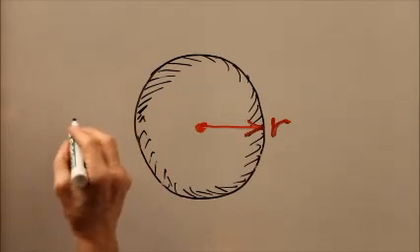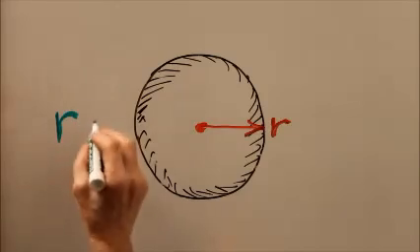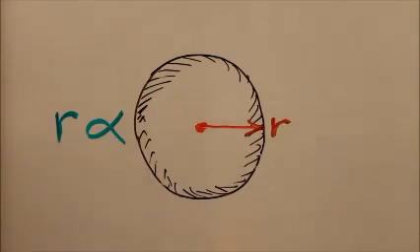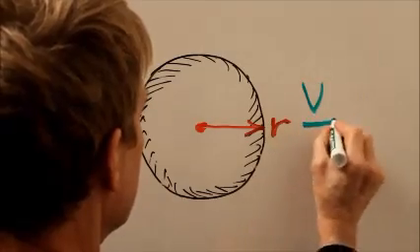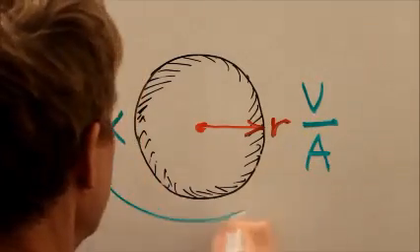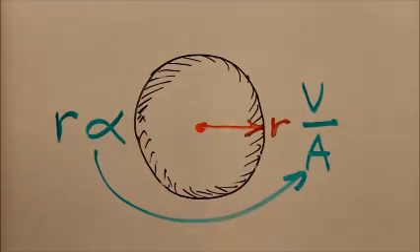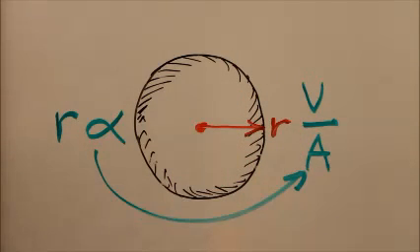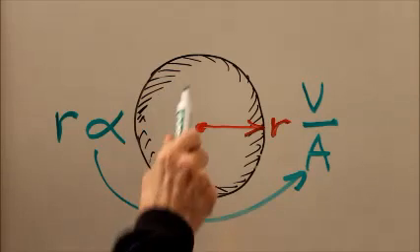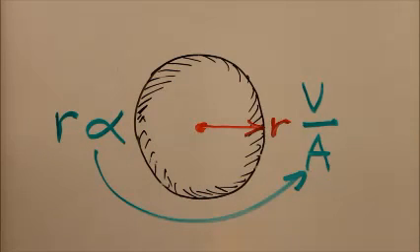That is to say, the radius is proportional to the volume divided by the area. So if you double the radius, then you double the ratio of the volume to the surface area. That has a practical effect in real life.